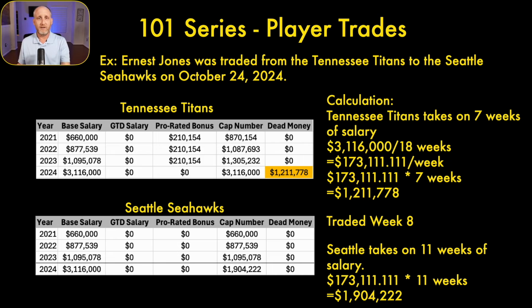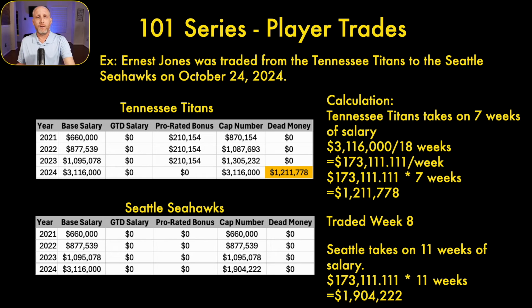Tennessee has already paid Ernest Jones through 7 weeks, so we take that amount times 7 weeks, and that's where we get $1,211,778. That has already been paid to Ernest Jones. That will stay on the Tennessee Titans salary cap as dead money.